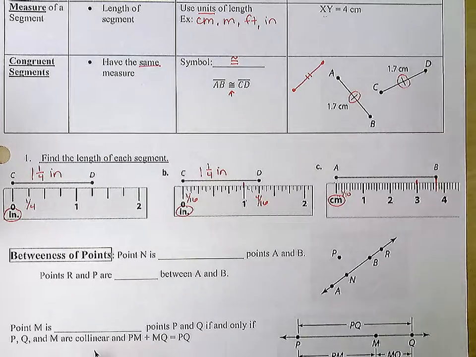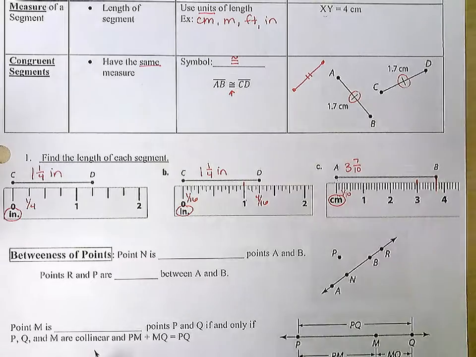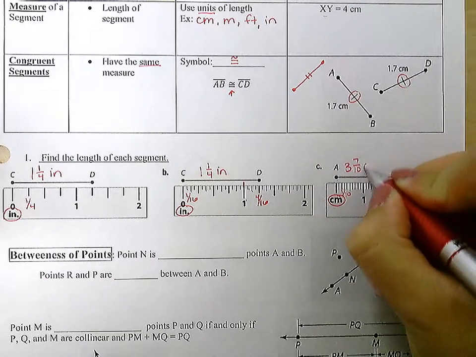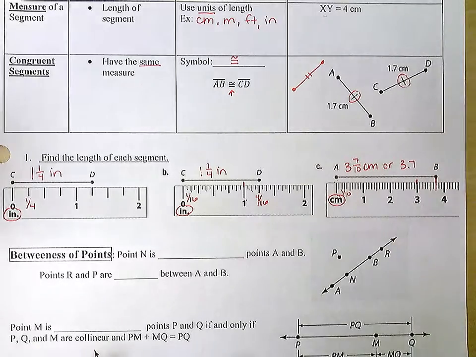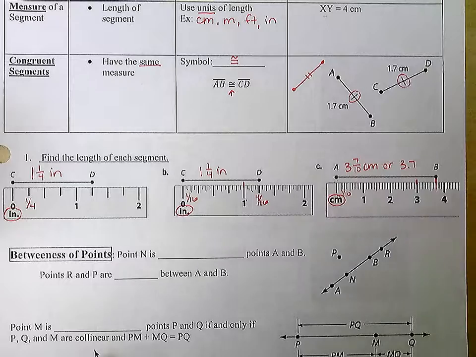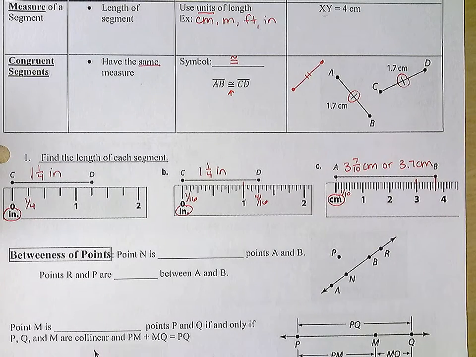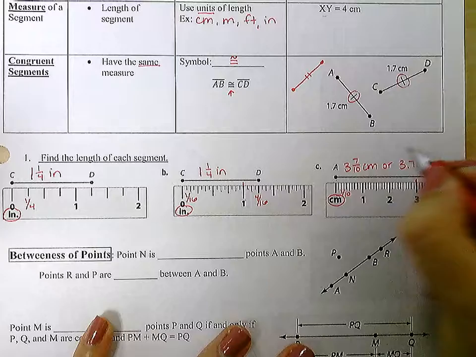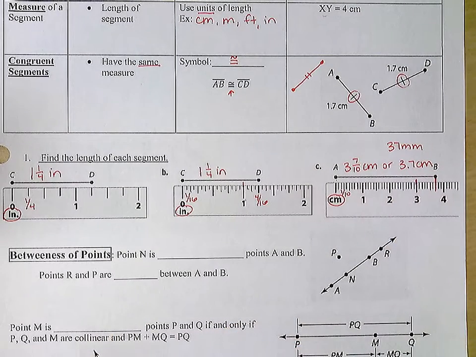So I can either write this as 3 7/10 as a fraction, or I can write this as 3.7 because that's 7/10 as a decimal. If you wanted to get really crazy, you could write it in millimeters as well. If I were to write this in millimeters, it would be 37 millimeters.